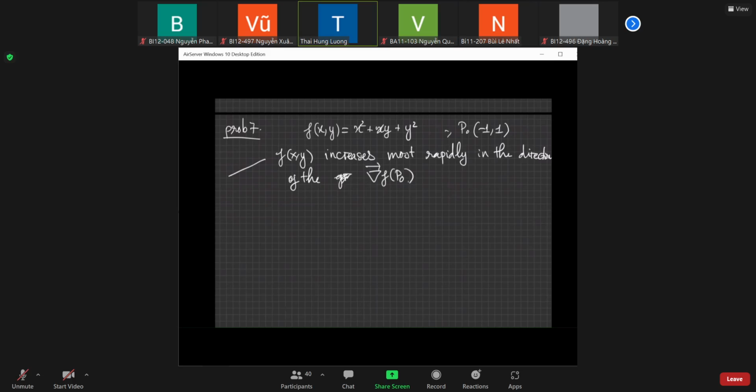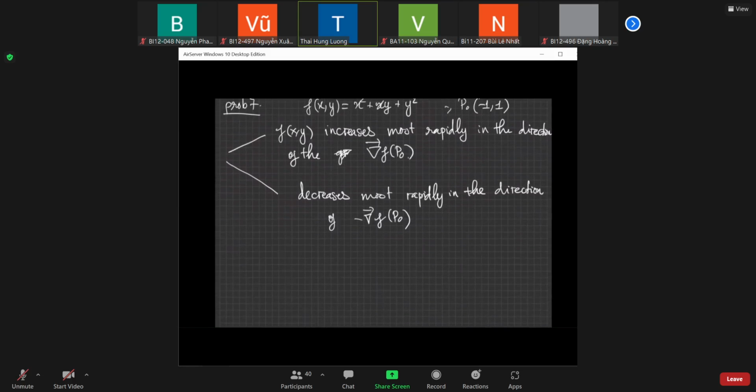Okay, and it decreases most rapidly in the opposite direction of the gradient vector, minus the gradient vector. Okay, so we need to find the gradient vector, of course.